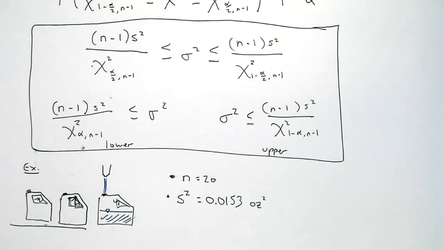But let's simplify here, and let's just say you want the upper bound, okay? You just want to know that your variance has to be less than or equal to some number, so that you know how high your variance can get.